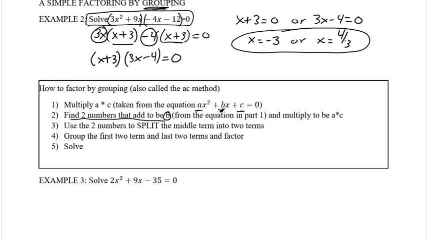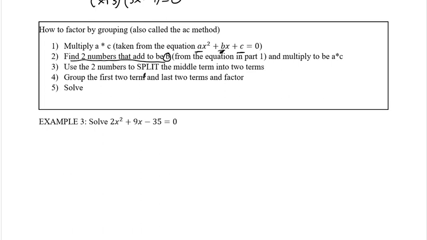We're going to group the first two terms and the second two terms, and we're going to factor and solve. So it's going to look very much like what we just did, but we have to give ourselves the two middle terms. All right, so we want to solve 2x squared plus 9x minus 35 equals 0. First step, 2 times negative 35 is negative 70.